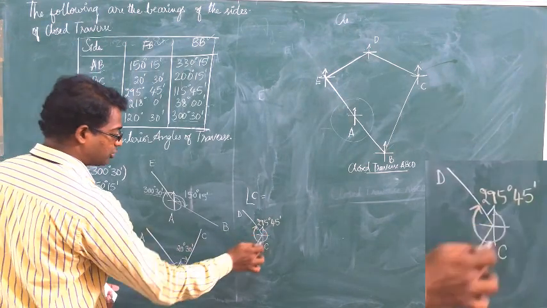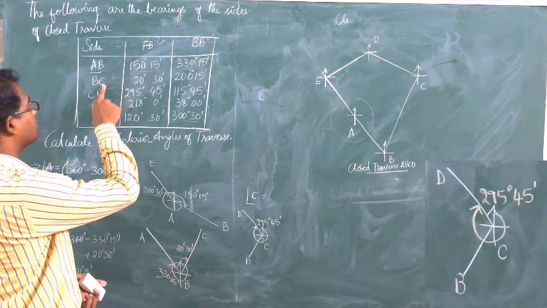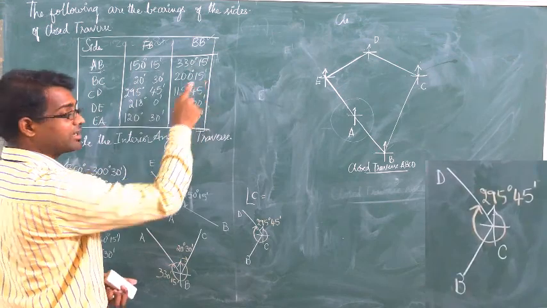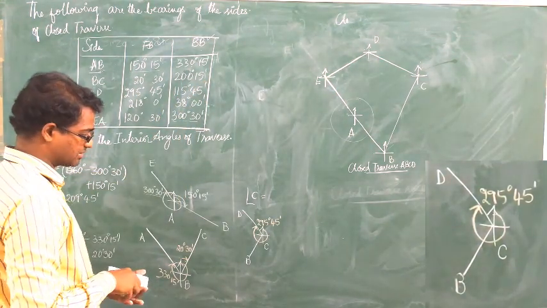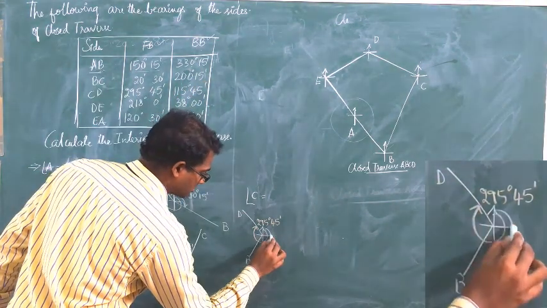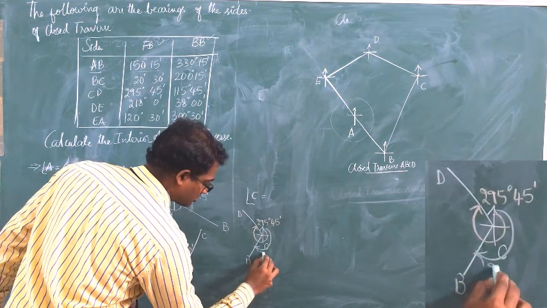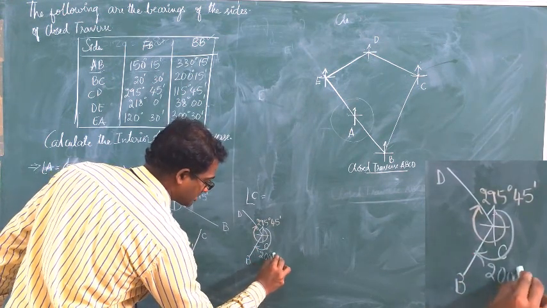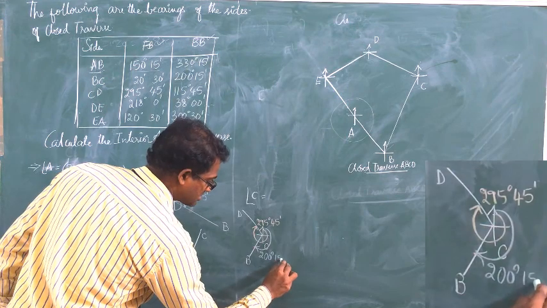Now what is C to B? C to B is 200 degrees 15 minutes.